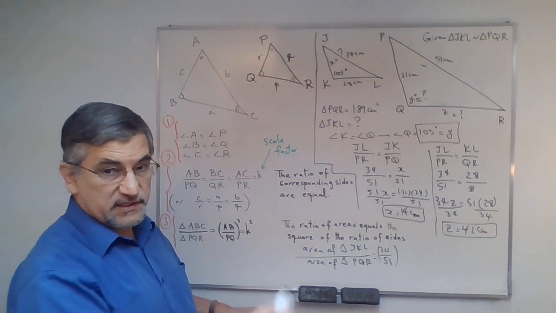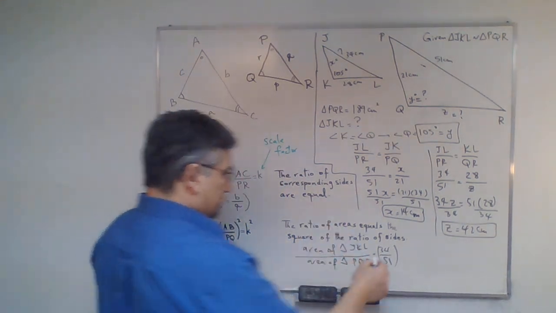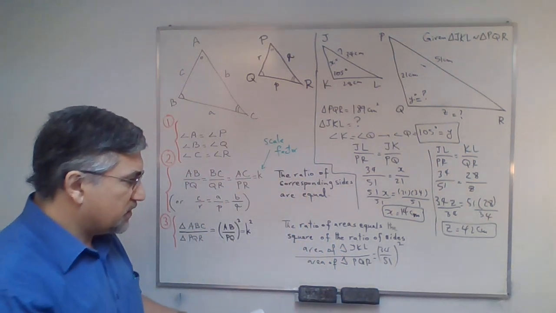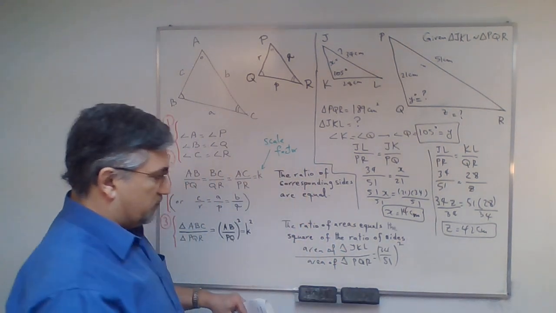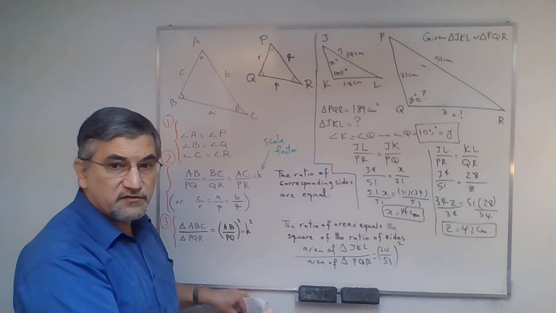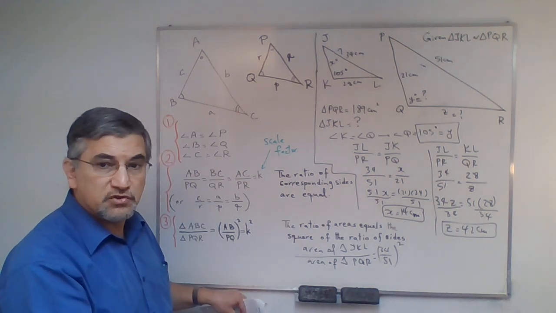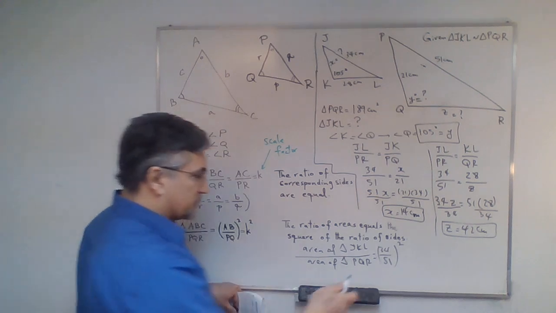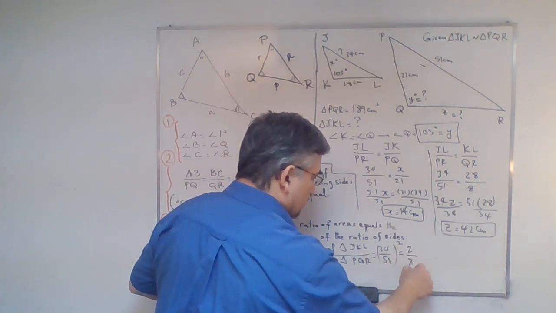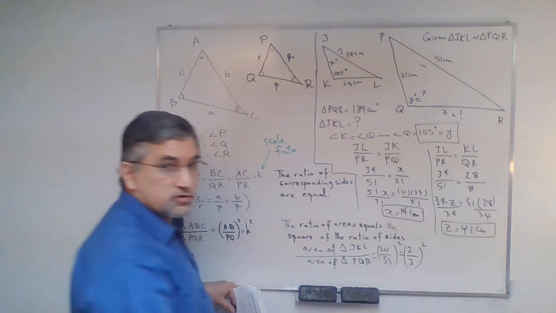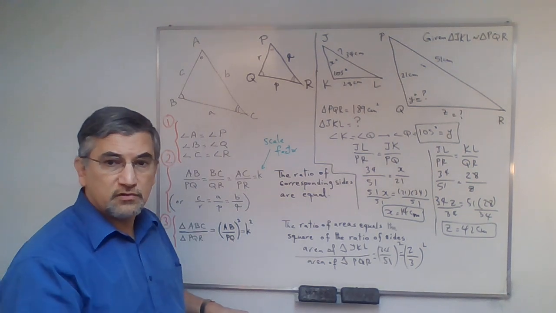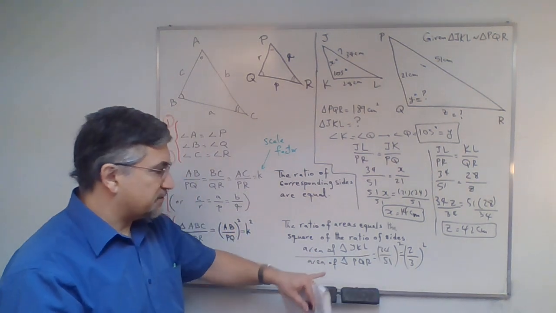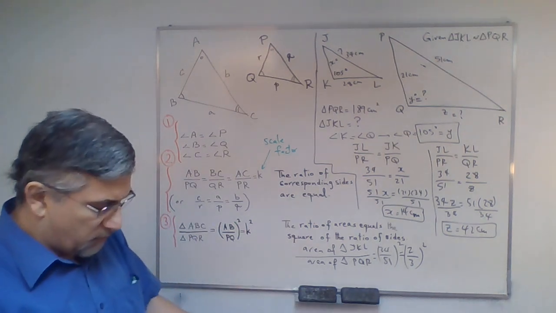This is the so-called scale factor squared. Now, we can of course reduce 34 over 51. Top and bottom are both divisible by 17, so we can reduce the fraction. So that is actually 2/3 all squared, because 17 goes into 34 twice, and 17 goes into 51 three times. So that's basically 2/3 all squared.